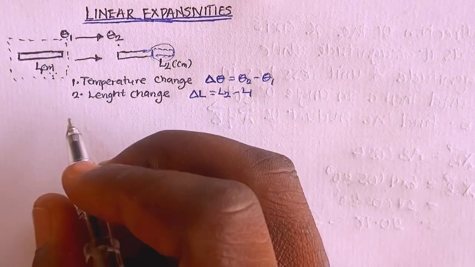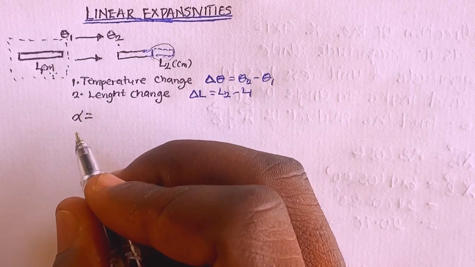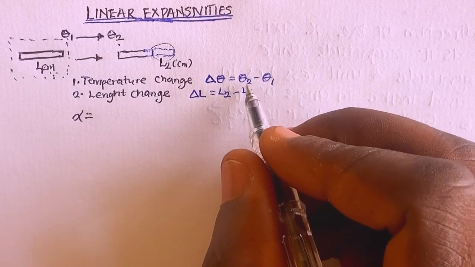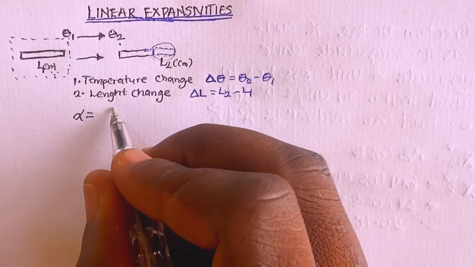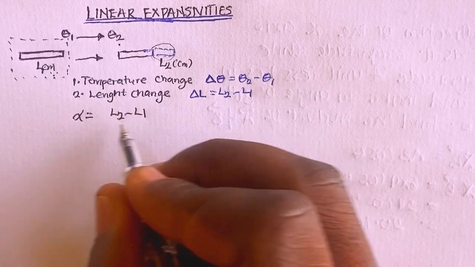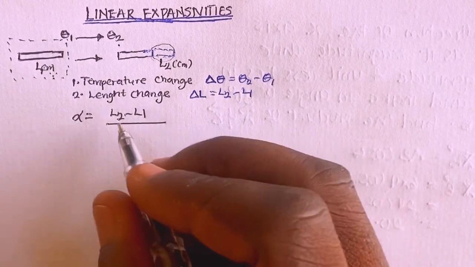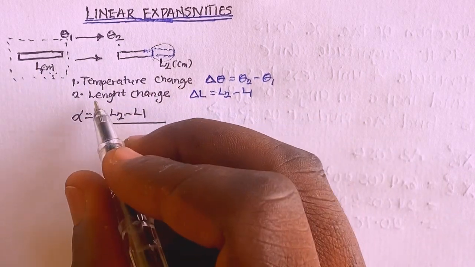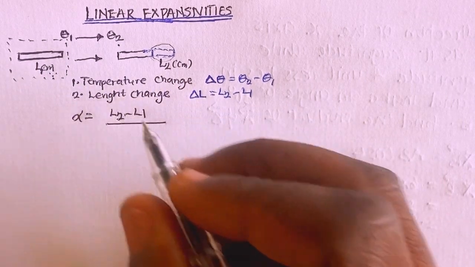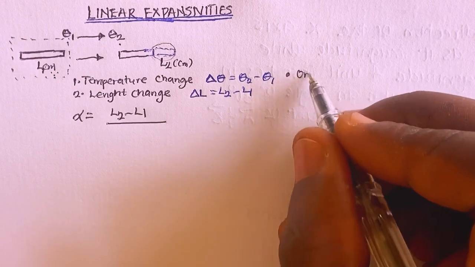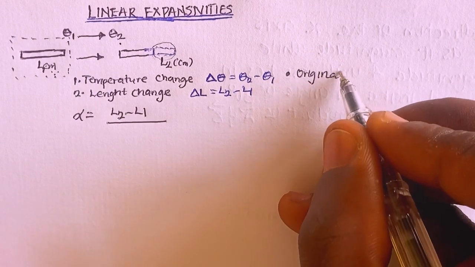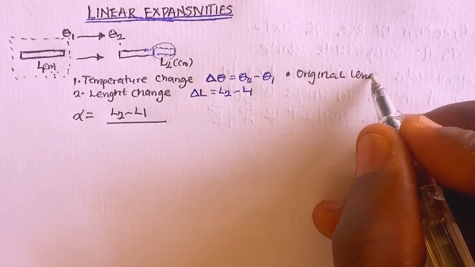And linear expansivity depends on three factors. The first one is the change in length, that is L2 minus L1, divided by the change in temperature, which is delta theta, and also the original length. It depends on change in length, change in temperature, and also the original length of the material.